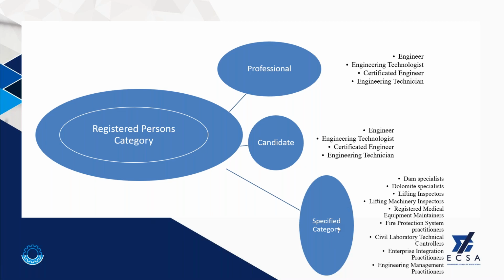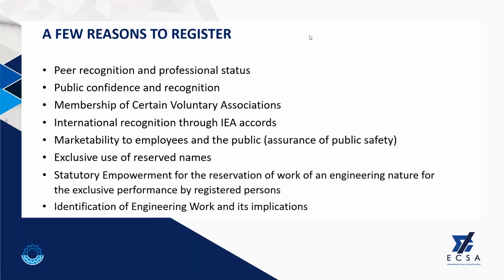So in terms of the specified categories within the ECSA spectrum or spheres, they've also included dam specialists, dolomite specialists, lifting inspectors, lifting machinery inspectors, registered medical equipment maintainers, fire protection systems practitioners, civil laboratory technical controllers, and the list goes on. In terms of the professional as well as candidate, I've already covered that in the previous slide.